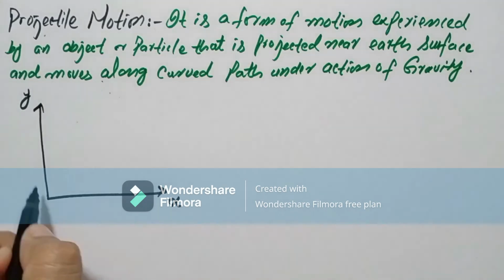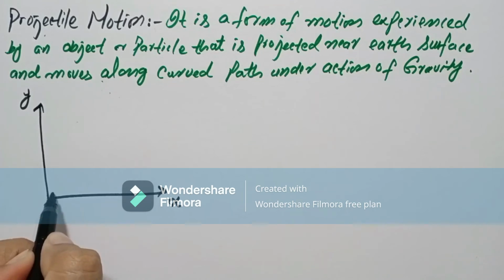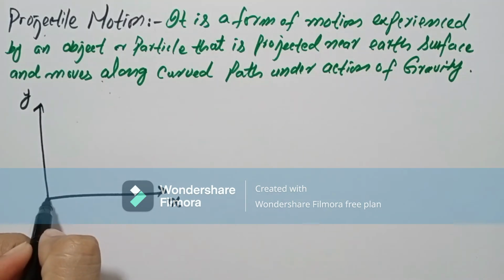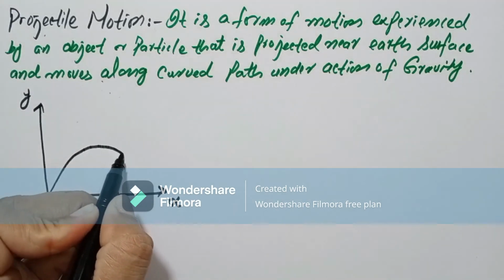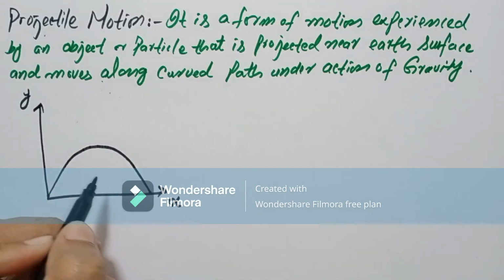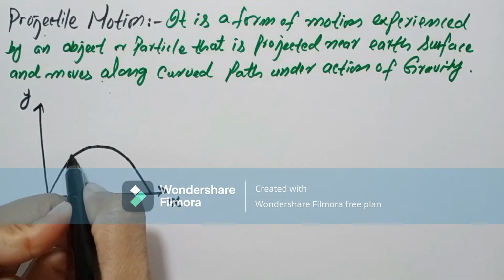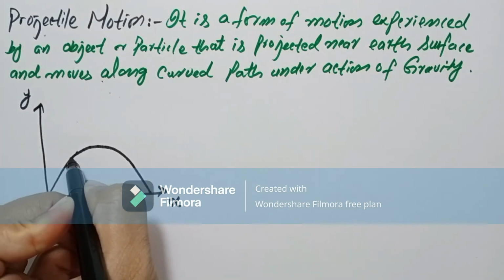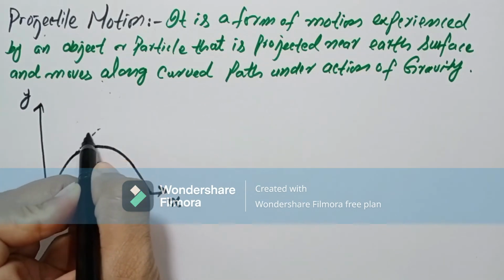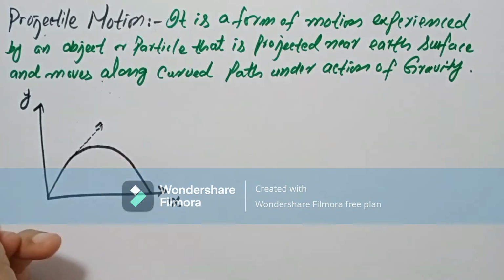It would follow a curved path under the action of gravity. It gains maximum height and then will move downward. So a particle of mass m is showing this trajectory under projectile motion.